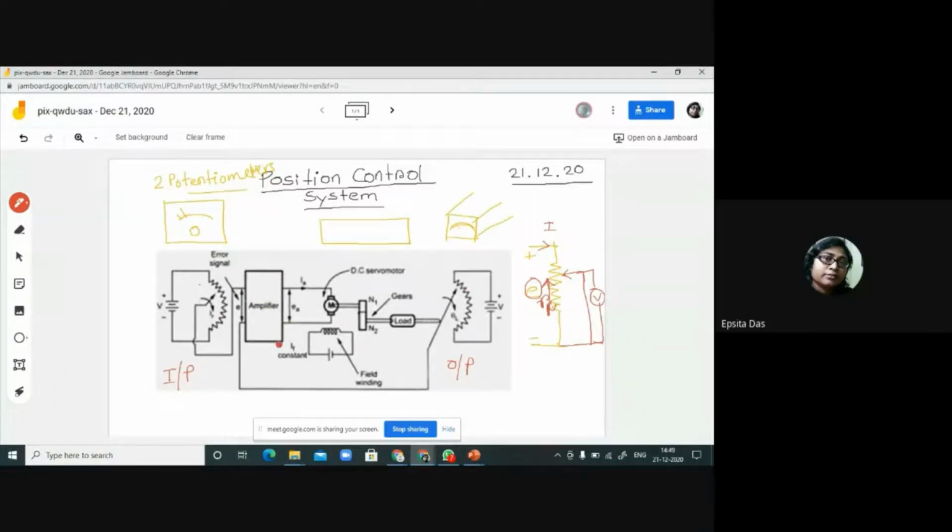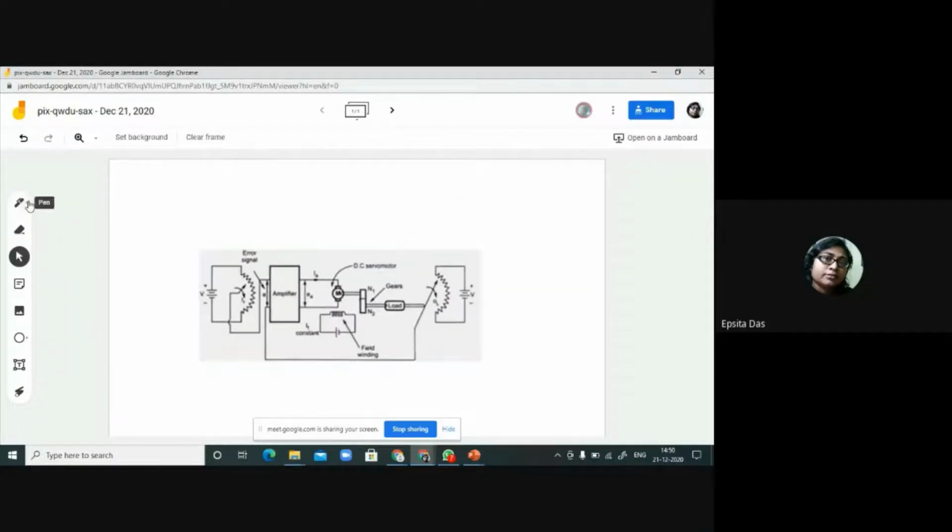This amplifier is amplifying the error and giving this to the motor. Now how is it working? Suppose I have changed the dial of the potentiometer in a certain way that it is giving me 5 volt. So this value of 5 volt is fed to this point.